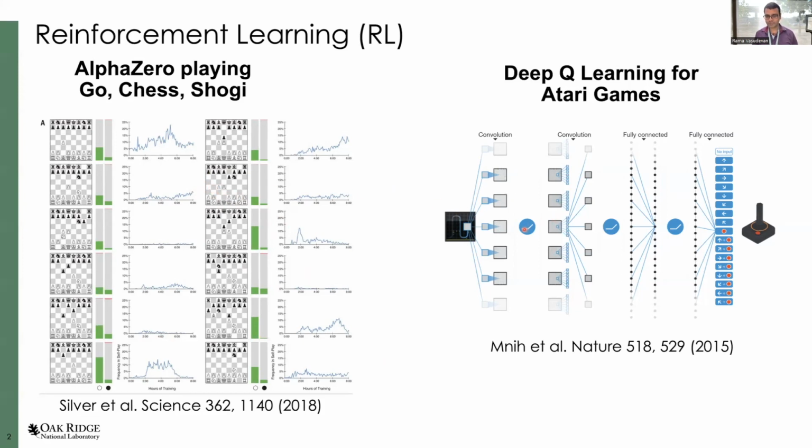Similarly, you can see superhuman gameplay in things like Atari games. This is some pioneering work by Mnih and co-workers that was published in Nature in 2015. They introduced deep Q-learning, which is effectively a Q-learning algorithm using deep neural networks for functional approximation. There's nothing in particular special about the algorithm.